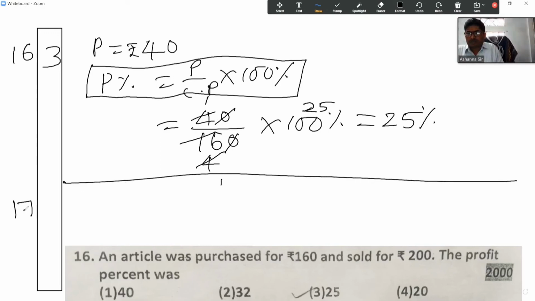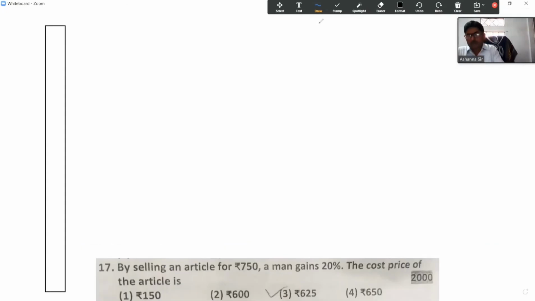Next, the 17th one. Question number 17. By selling an article for 750, selling price 750 rupees, a man gains 20%.